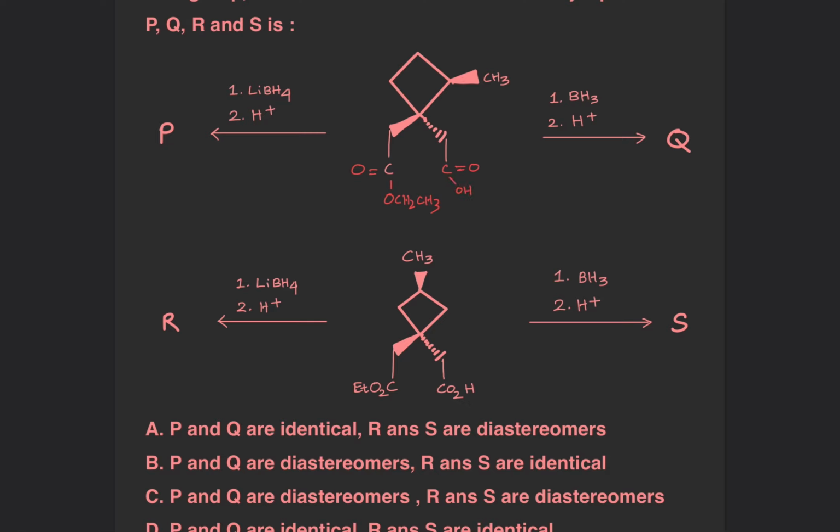Okay, and this solid wedge represents above the plane of the screen, and this dashed wedge represents below the plane of the screen.